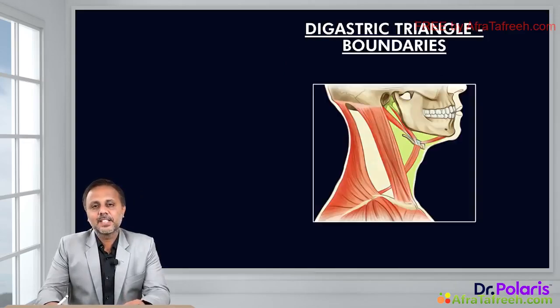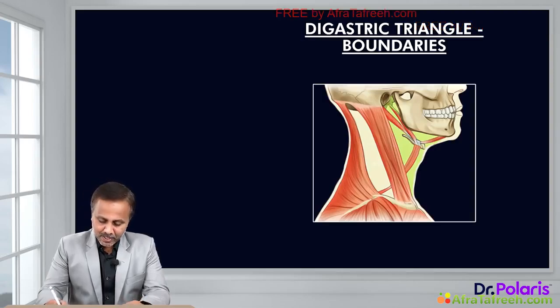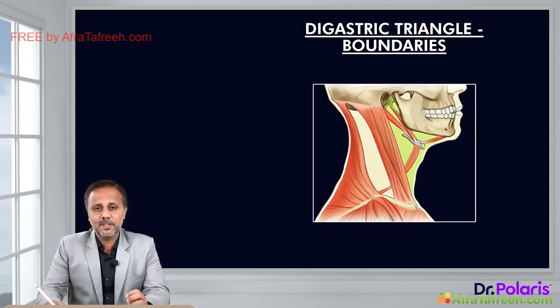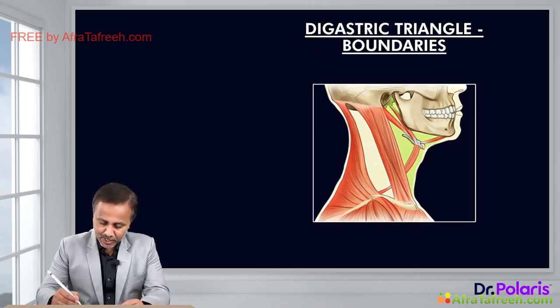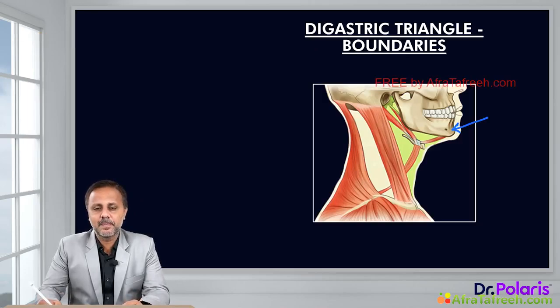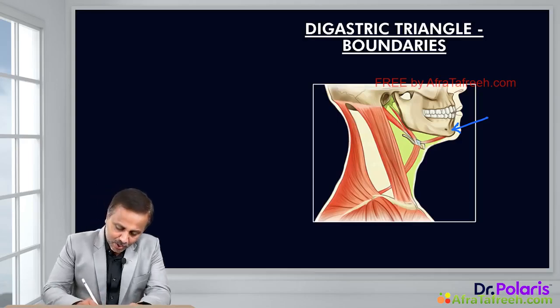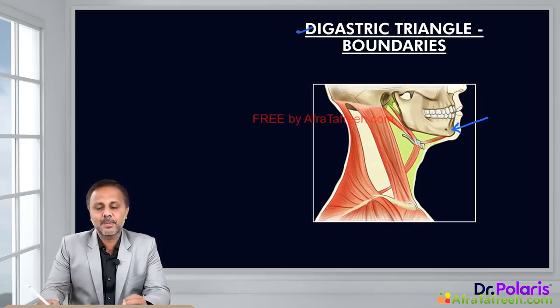Let's begin with the boundaries of the digastric triangle. The digastric triangle is a subdivision of the anterior triangle of the neck located below the body of the mandible. Why is it called the digastric triangle? It is called the digastric triangle because it is present between the 2 bellies of the digastric muscle.